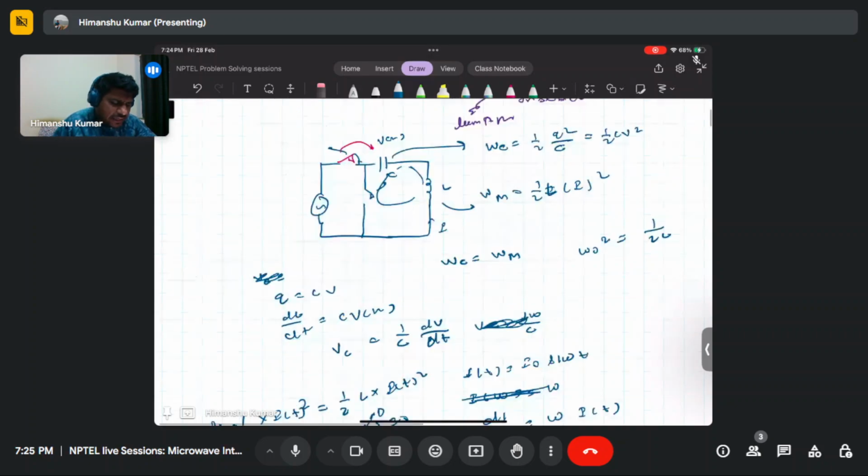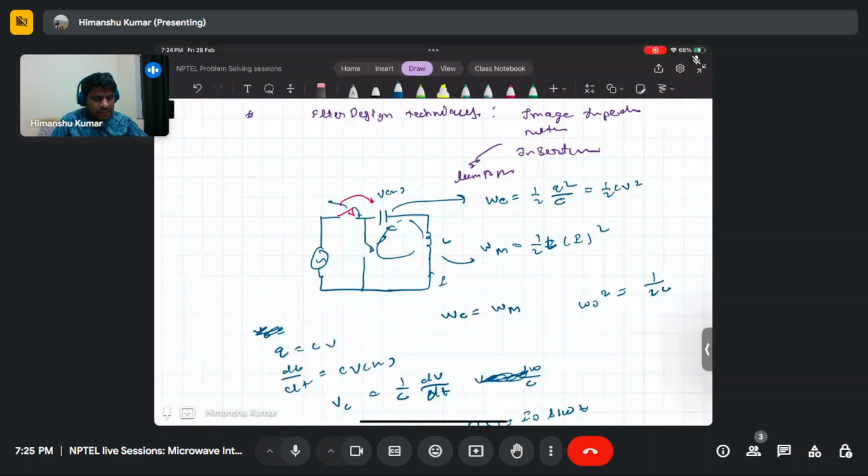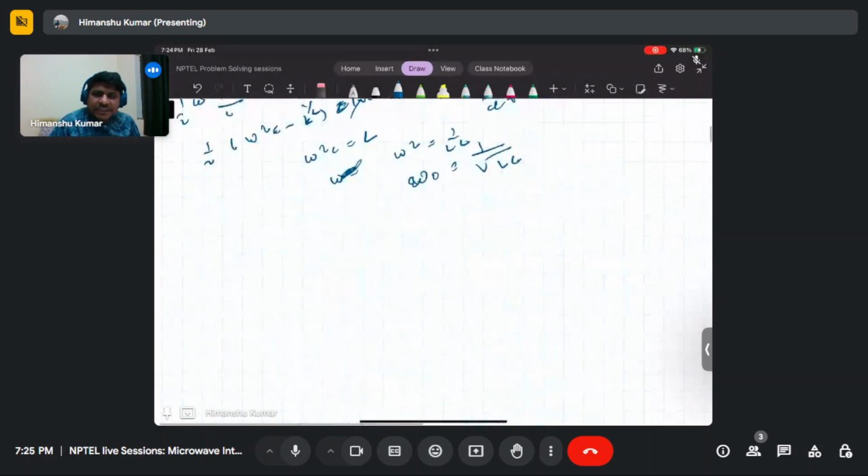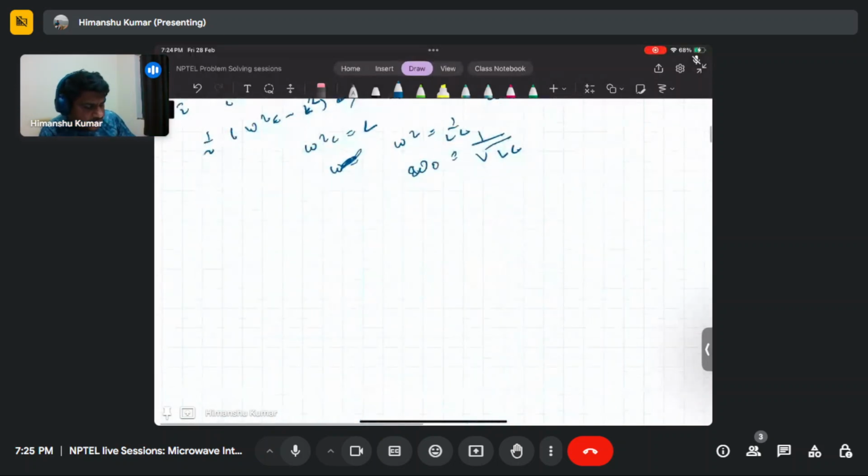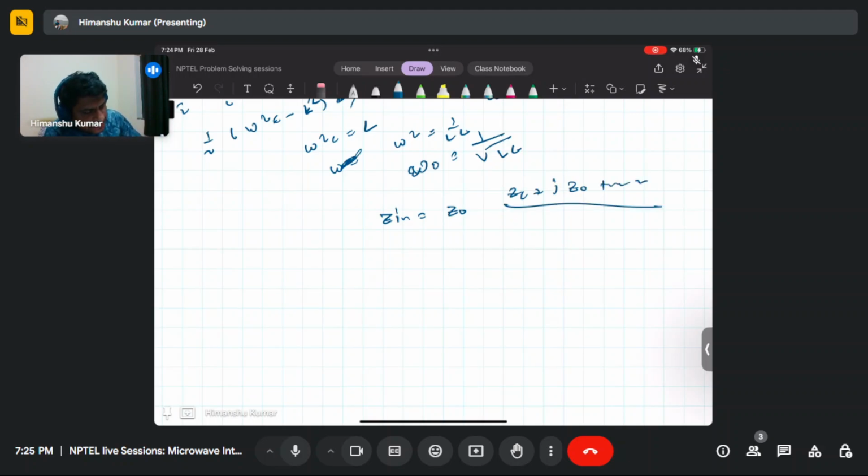So basically like this you can do it for any transmission line. The impedance of any transmission line, Zin, is given by this formula: Z naught times ZL plus j Z naught tan beta L upon Z naught plus j ZL tan beta L. So if you vary the length of the line, you can tune the impedance of any line.